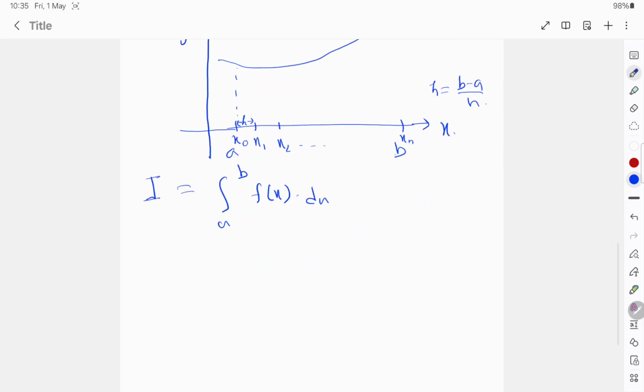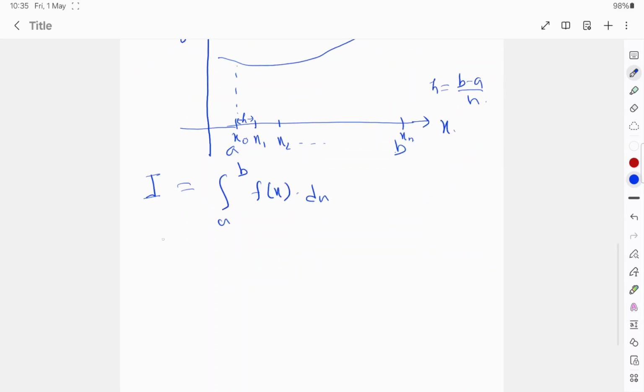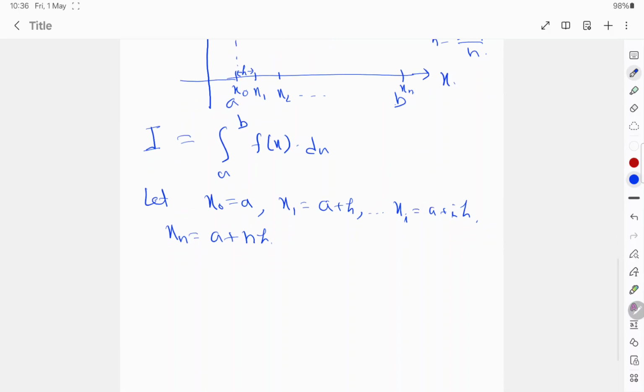So this is what you have, and suppose let x0 equal to a, x1 equal to a plus h, dot dot dot, xi equal to a plus ih, and xn equal to a plus nh, right? Where h equal to (b minus a) by n.